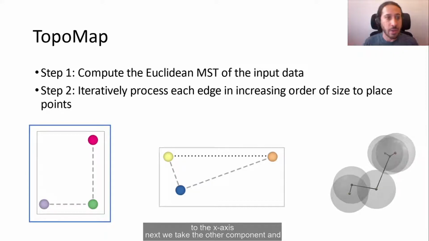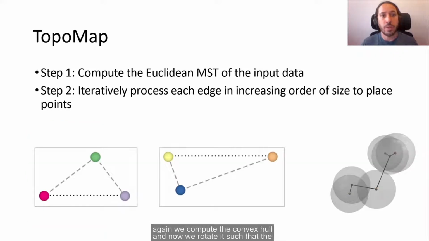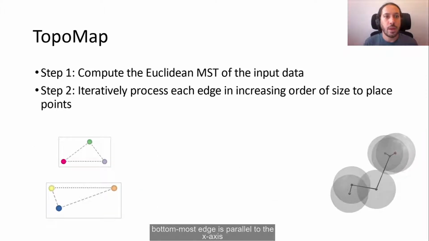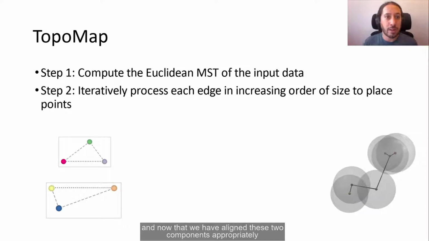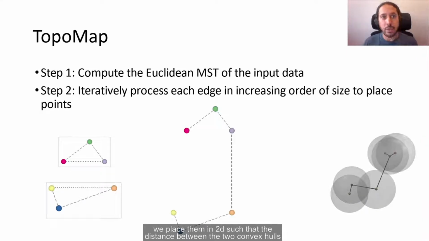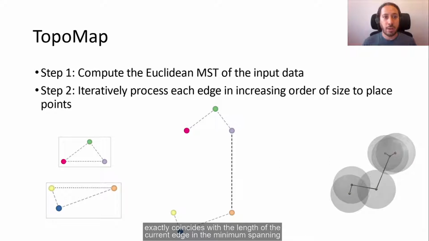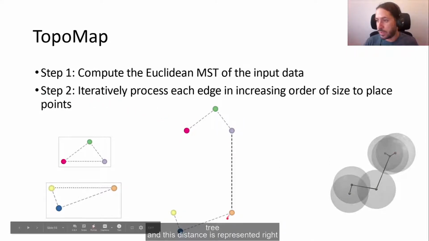Next we take the other component, and again we compute the convex hull, and now we rotate it such that the bottommost edge is parallel to the x-axis. And now that we have aligned these 2 components appropriately, we place them in 2D such that the distance between the 2 convex hulls exactly coincides with the length of the current edge in the minimum spanning tree. And this distance is represented right here.